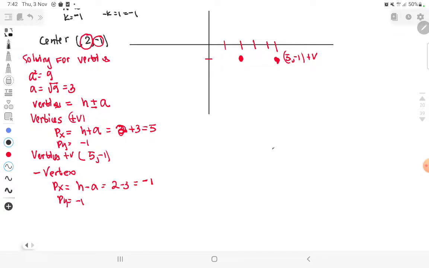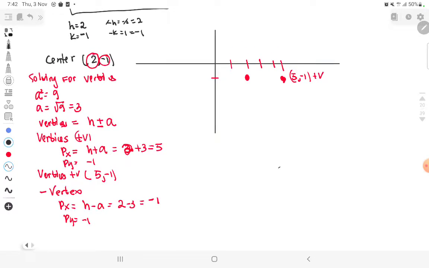Because our major axis contains our foci.